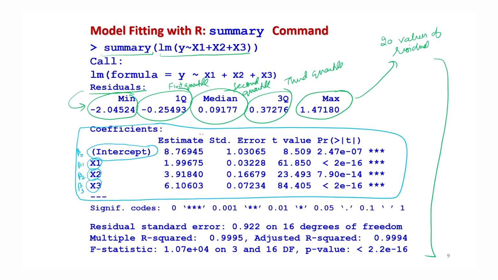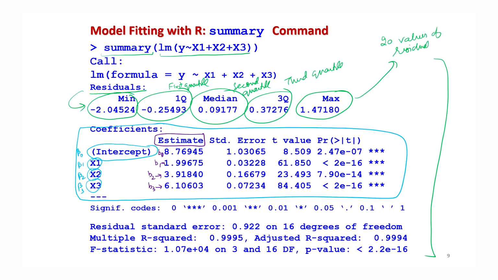Then we have the first column, which is the estimate. This is the value of b0, then b1, then b2, and the fourth value is b3, which we already obtained in the last lecture.